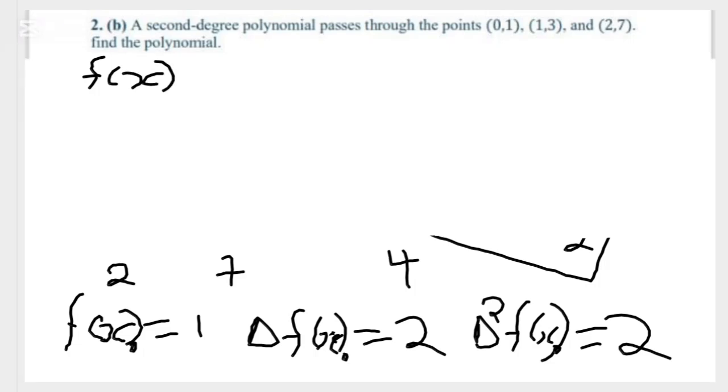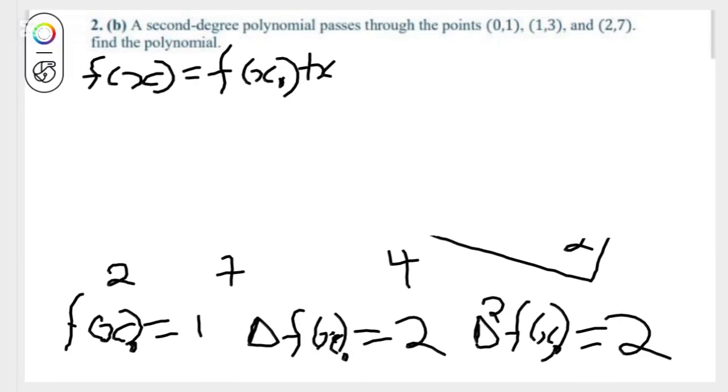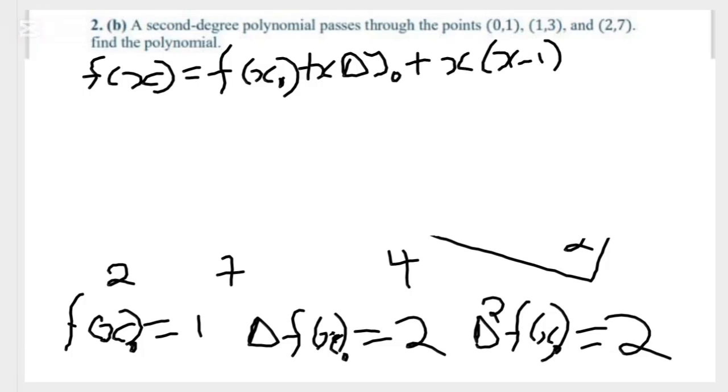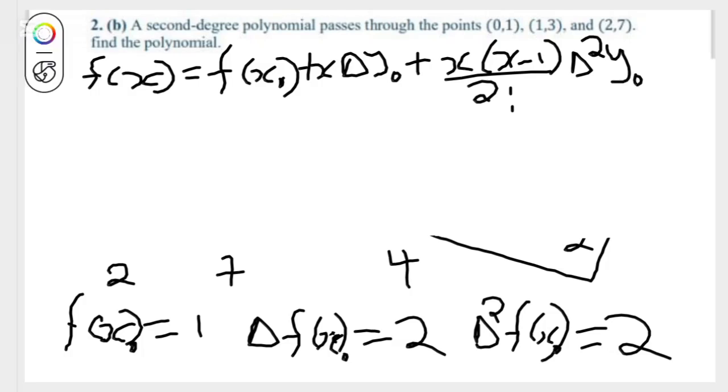So the f of x is the same thing as f of x naught plus x times dy naught, and also plus x times (x minus 1) divided by 2 factorial, multiplied by d square y naught, and so on to infinity.